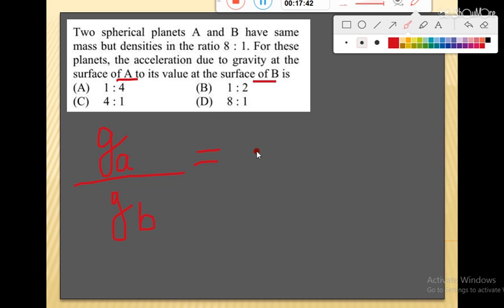For any planet, its value is g into ma by ra square. Then for the other, g into mb by rb square.